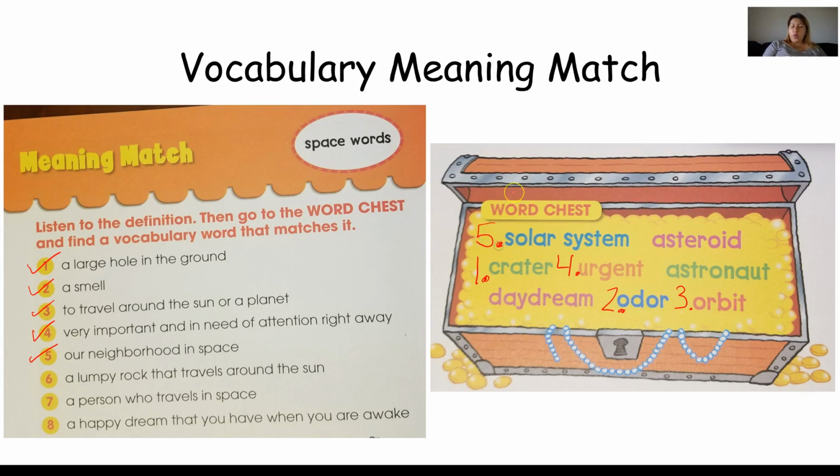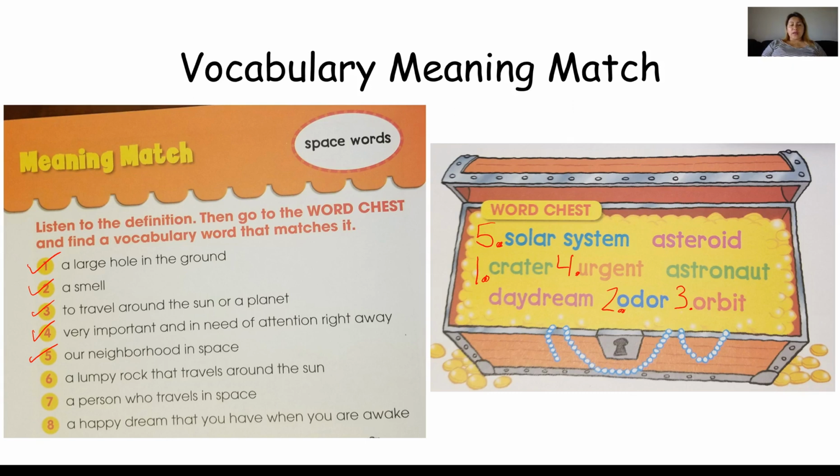Okay, and we are part of that because planet Earth is one of those planets. And for that one, boys and girls, it's 2 words, solar and then system. So I'll give you a minute to write those 2 words because you're writing a little bit more since it's 2 words.